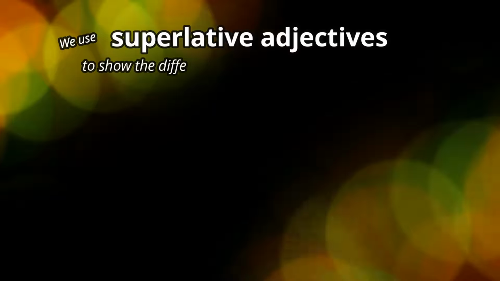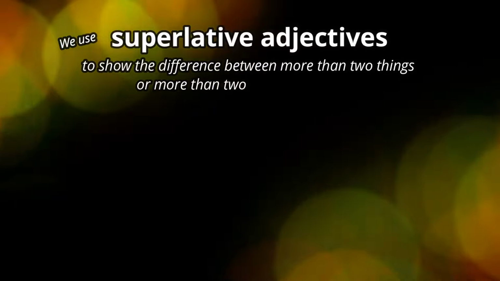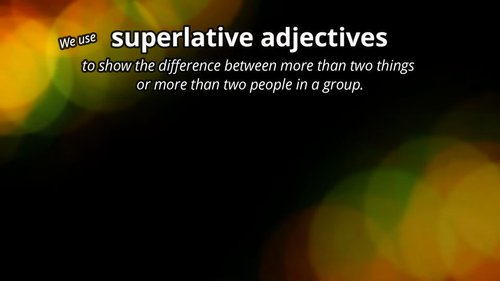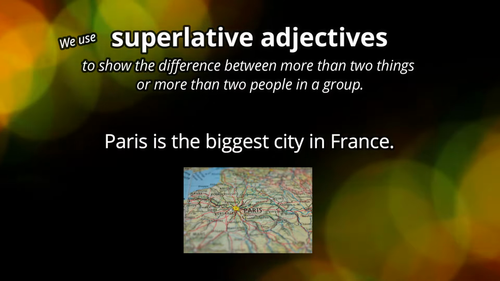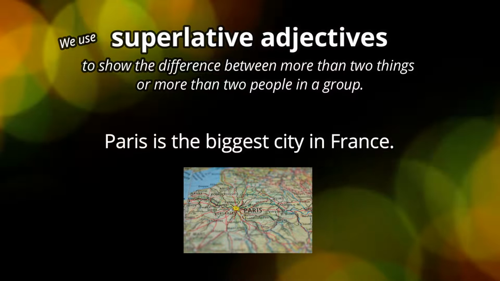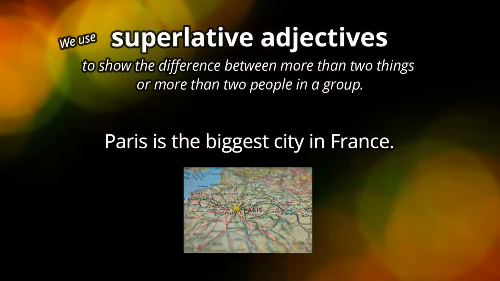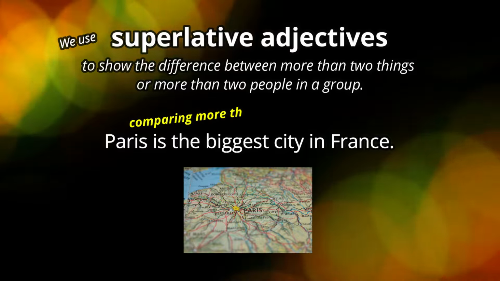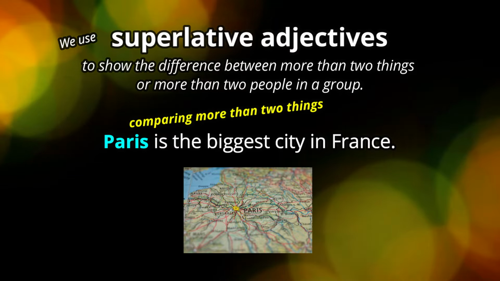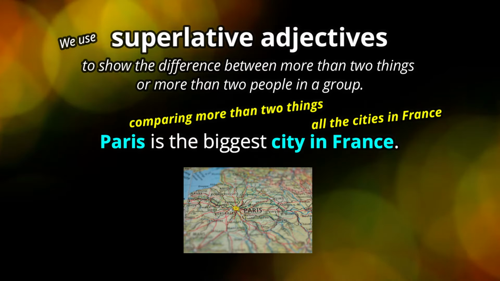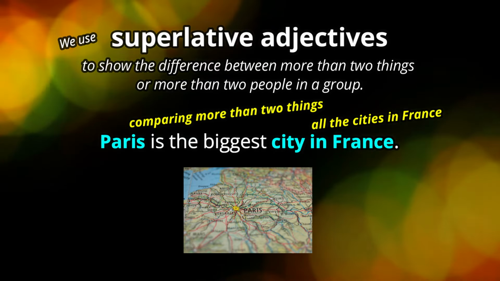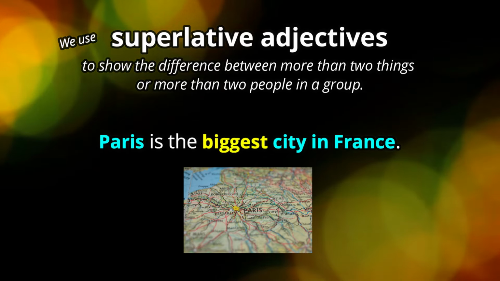Now, on the other hand, superlative adjectives are used to show the difference between more than two things or more than two people in a group. For example, Paris is the biggest city in France. So, in this case, we're comparing Paris, right, to all the cities in France. Okay, so let's say that's the group. So we're saying that Paris is the biggest.